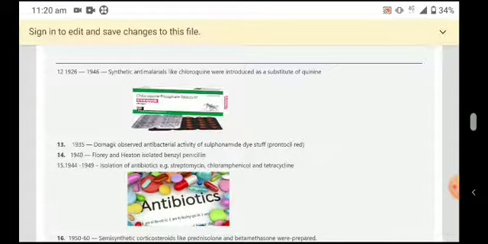In 1935, the scientist Domagk observed the antibacterial activity of sulfonamide dyestuff. Domagk observed the antibacterial activity of which drug?